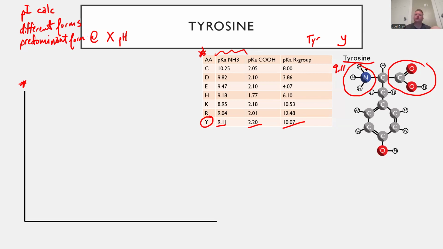But when you see a table that doesn't have these explicit designations, you'll be able to recall and say, okay, this is what I think that it is. Next is my carboxylic acid, which is 2.20. And then my R group, which is my third pKa that I'm left with, which is about 10.07. So I always go with my N termini is about 9 and my C termini is about 2. And that rule of thumb is going to help me identify those values.